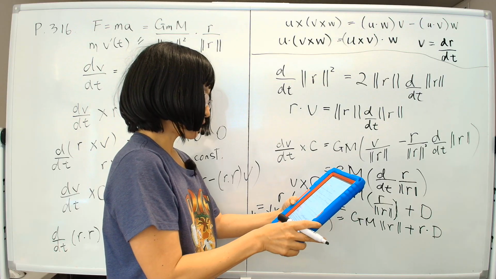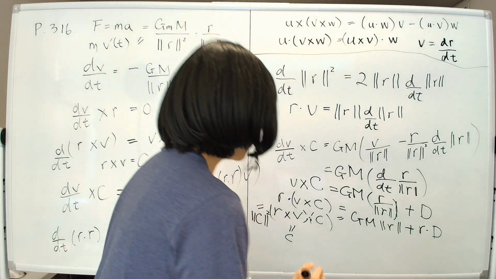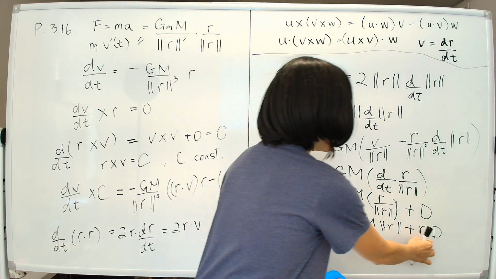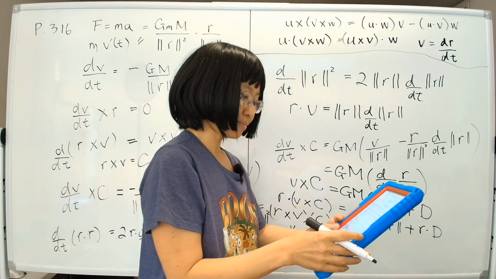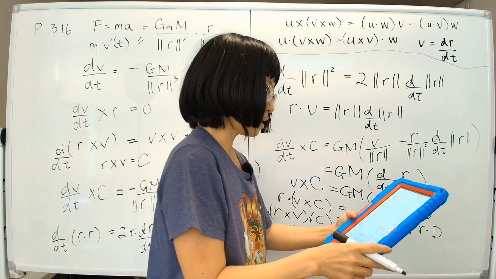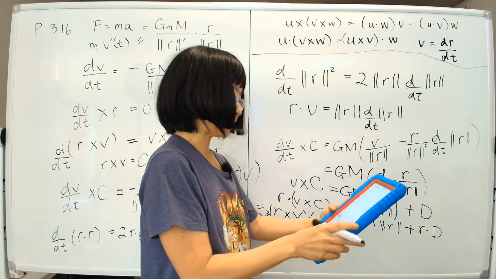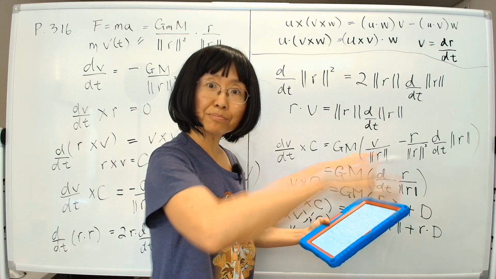Then we figure out what r dot d is. By the definition of the dot product, r dot d is the magnitude of r times the magnitude of d times cosine theta, where theta is the angle between r and d.